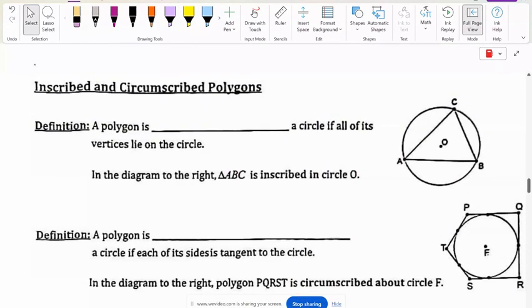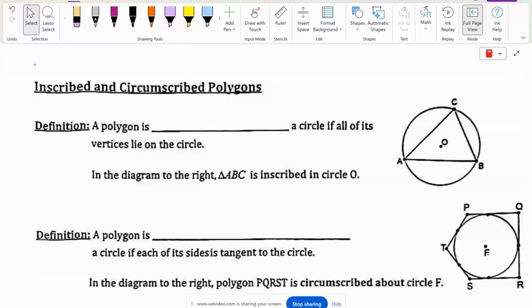All right, so now we're going to talk about inscribed and circumscribed polygons. Now, this is going to show up in a section past 10.6. So we have to really understand what this means, especially inscribed polygons.